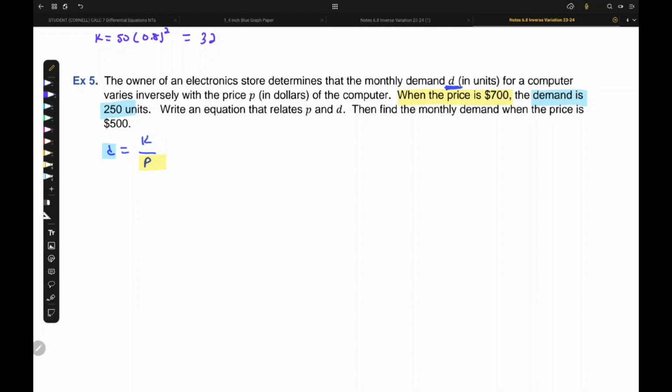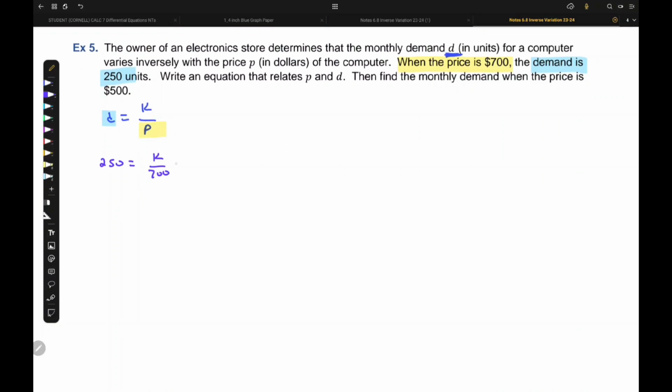So we need to use those values and solve for K. So 250, that's our demand, is equal to K over 700. I'm going to multiply both sides by 700 so that those fractions clear. And we're going to get K is equal to 250 times 700, which is equal to, what is that, 175,000.